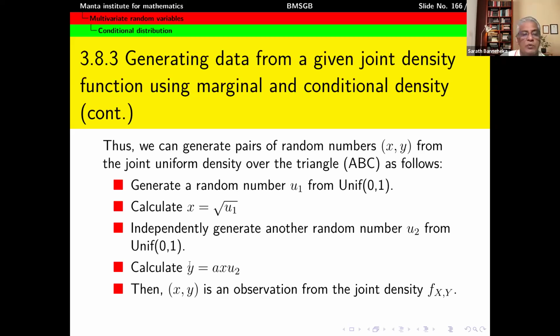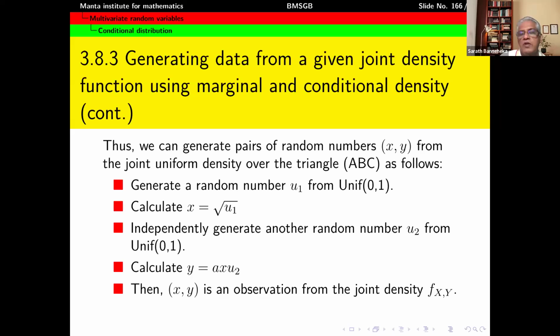So you have an x value and a y value. Now, if you consider these two as a pair, that will be an observation coming from the joint density, uniform joint density defined on the triangle, right? So that is the way to generate. That is one way we can use to generate data from a given joint density.